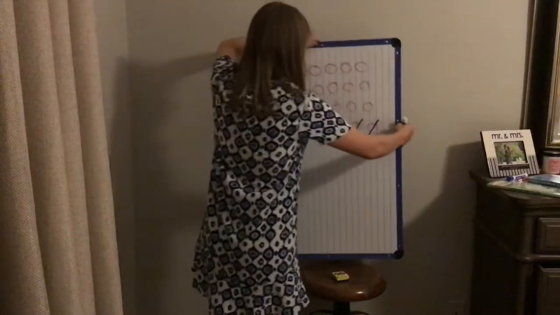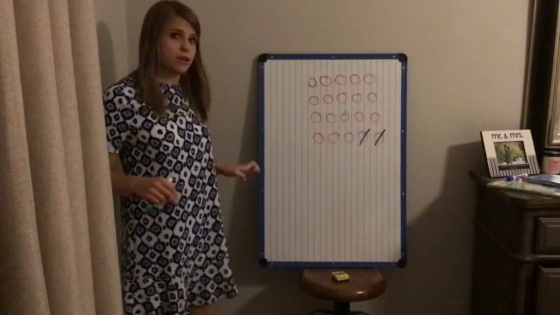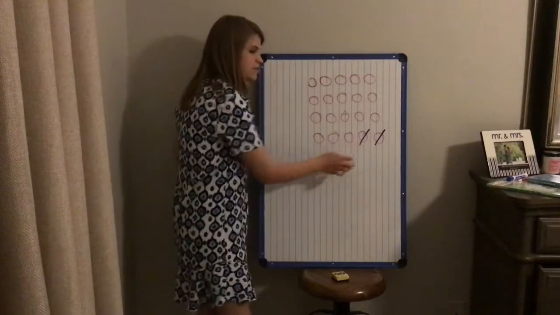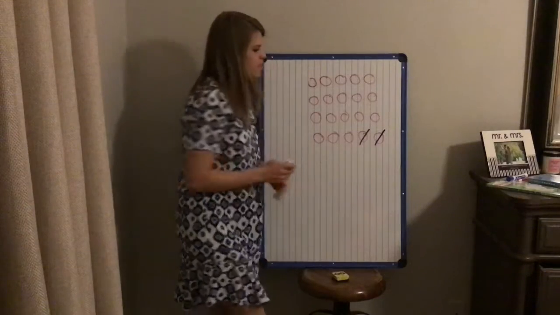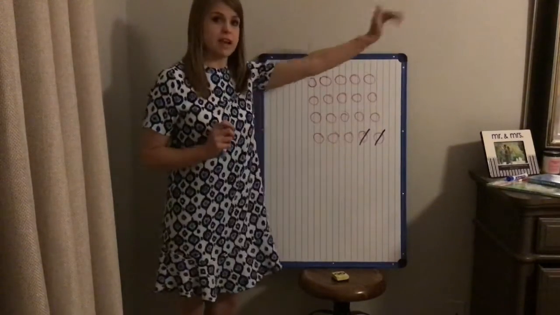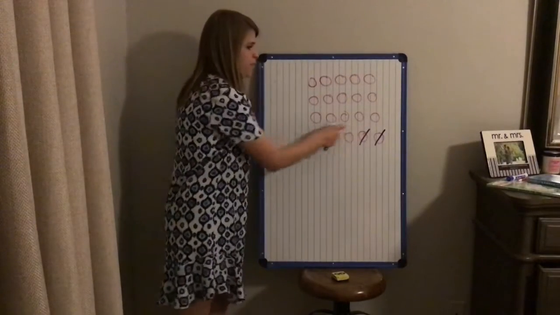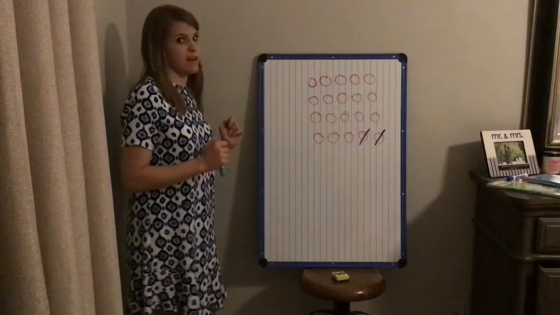Okay, so now I need to cross out 13 circles. Should I cross these ones out again? Nope. If the family bought these, the birds are no longer there. They're at that family's house now. So I need to cross out 13 out of the existing birds, the existing circles that I have up here.